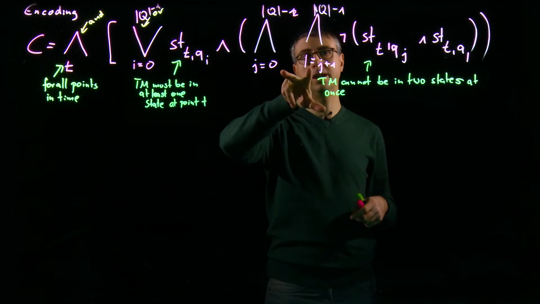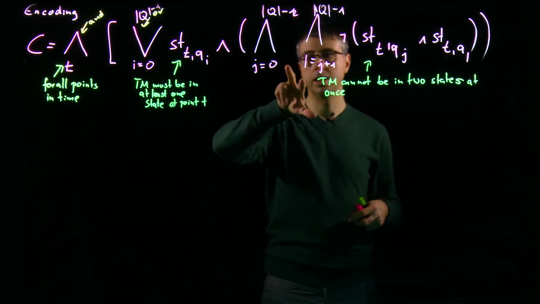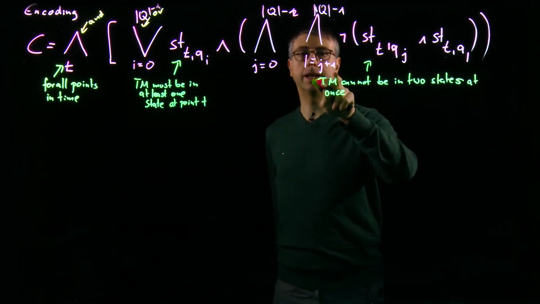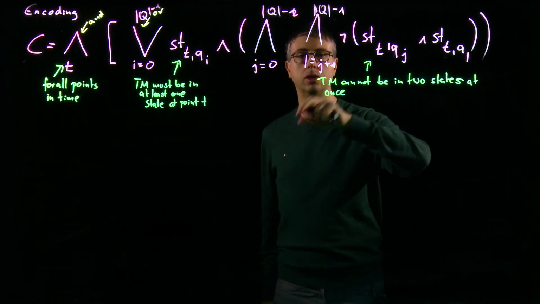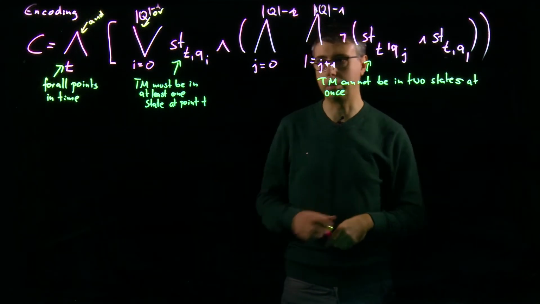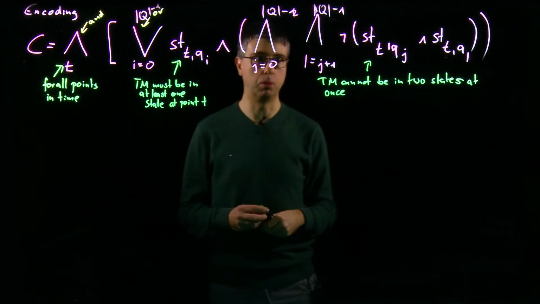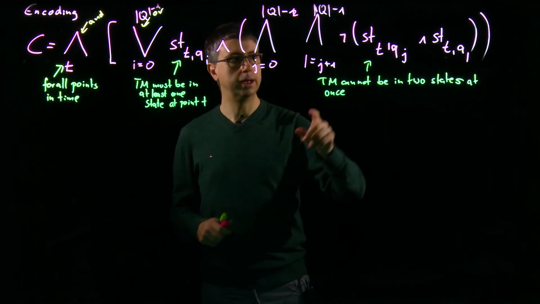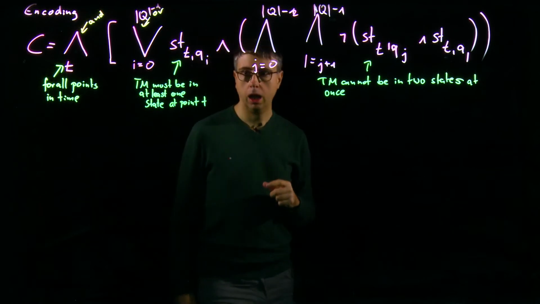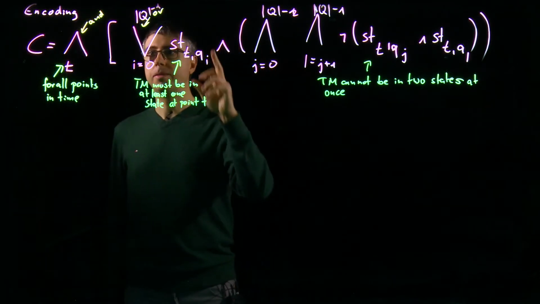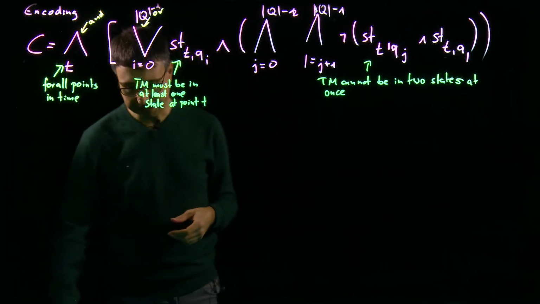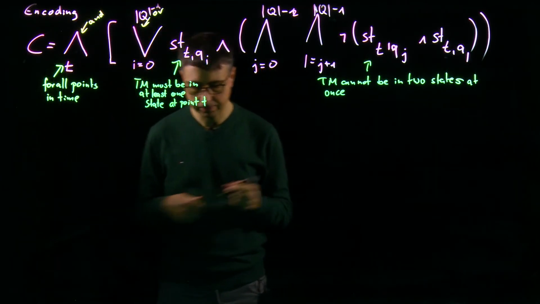And here, as we only need to consider every pair only once, we can start the second conjunction after the first, so that we don't get duplicate pairs. Makes the formula a bit smaller. That's why we start here with j plus 1. Okay, so this is the part for the states. Turing machine can only be in one state at a given point in time.